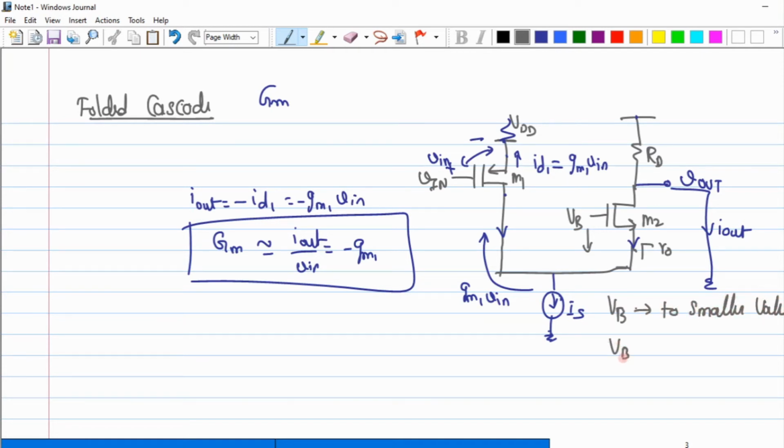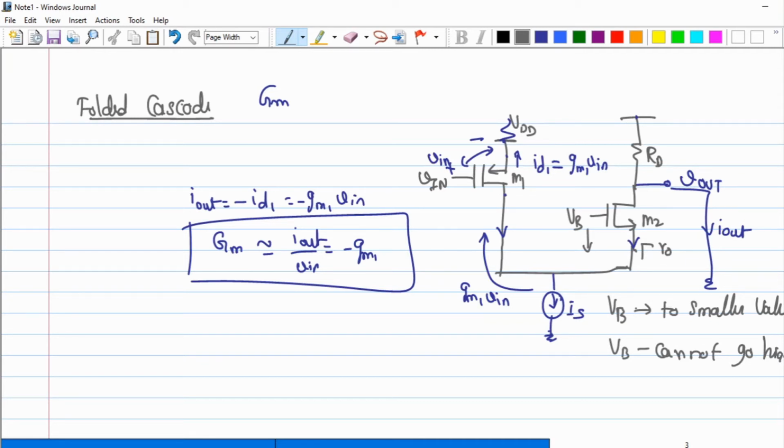But VB cannot go higher. Can you think about a circuit where I want this VB to have a larger value compared to the drain? How would you draw that circuit? In this case, VB can go down, and there is no restriction from the drain of M1.